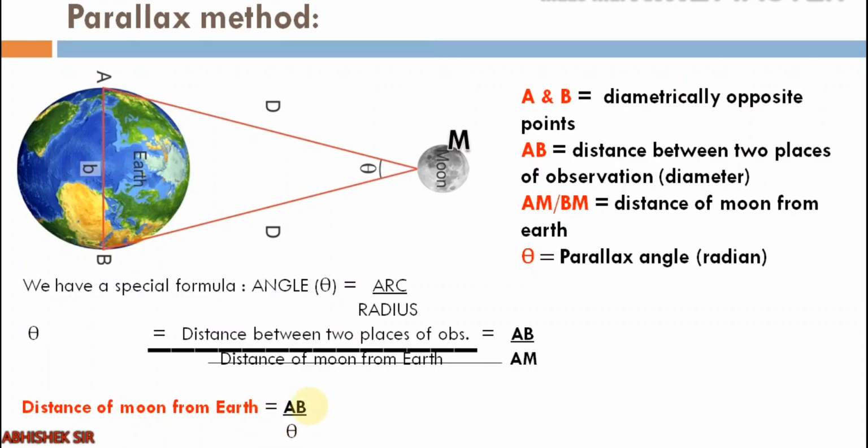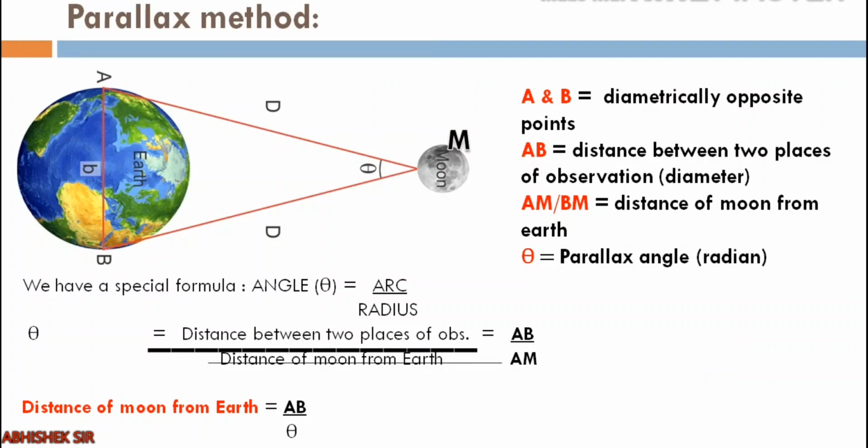So we just need two values, first of all AB. We might know the distance between point A and point B. Clear? So if we have AB and theta, we can easily get the distance of the moon from the earth. Now till now this is a theoretical explanation.